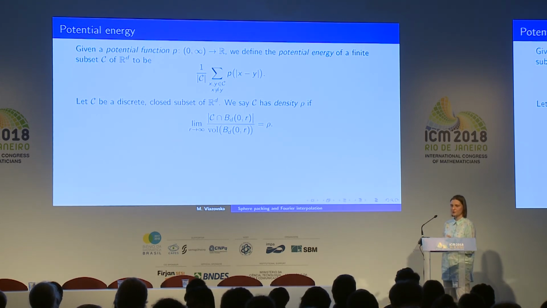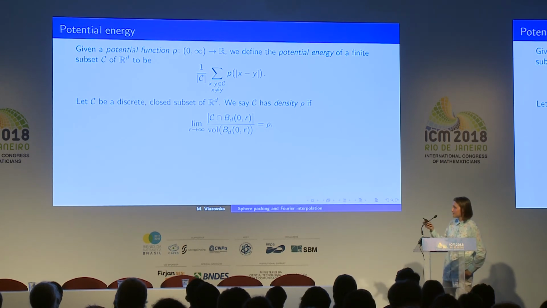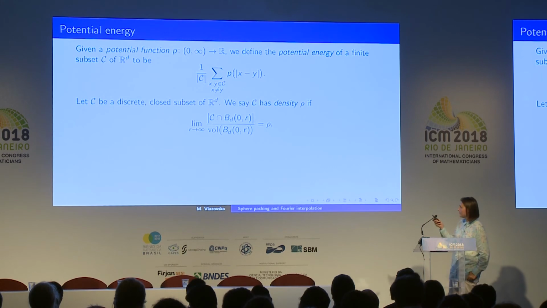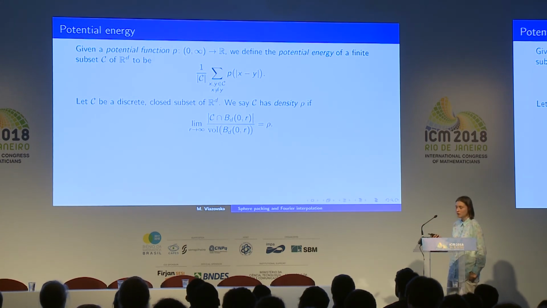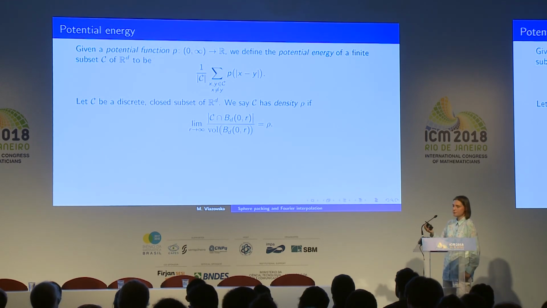It's like for boxers, we have to fix the weight. Suppose that C is now some discrete, maybe infinite subset, then we can define the density of this set in the following way. And as we've seen before, of course, this density limit might not be defined at all. However, if our discrete set is regular, for example if it's periodic, then the density is well defined, so we are fine here.